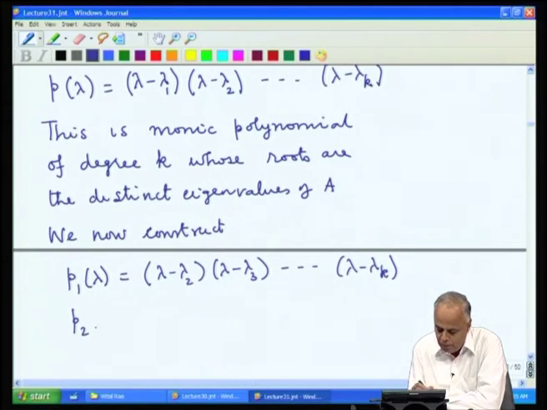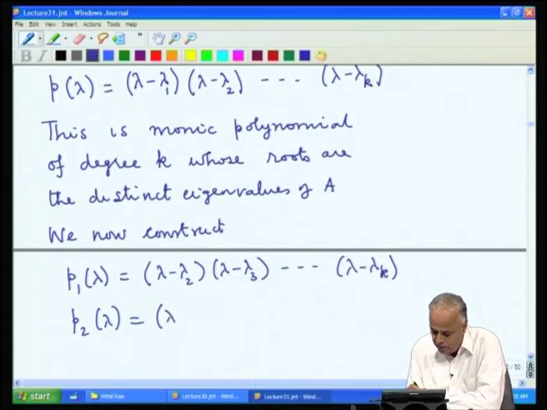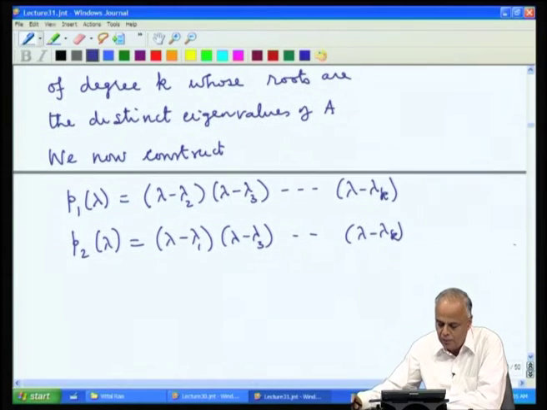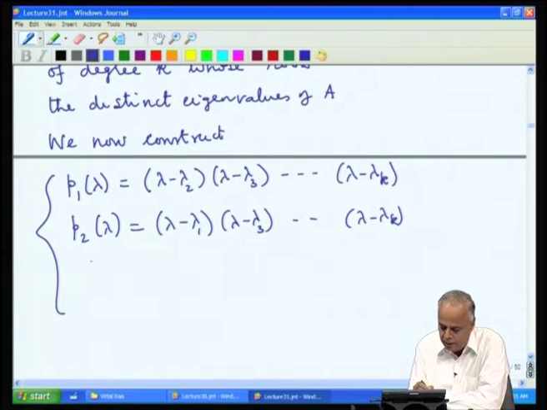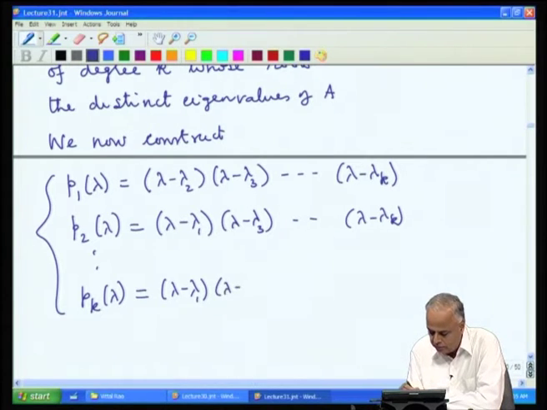To get p 2 lambda, from p lambda we remove the second factor and we look at only lambda minus lambda 1, lambda minus lambda 3, ..., lambda minus lambda k. And we continue this process to get k polynomials. For the kth polynomial we remove the kth factor and retain all the other factors.